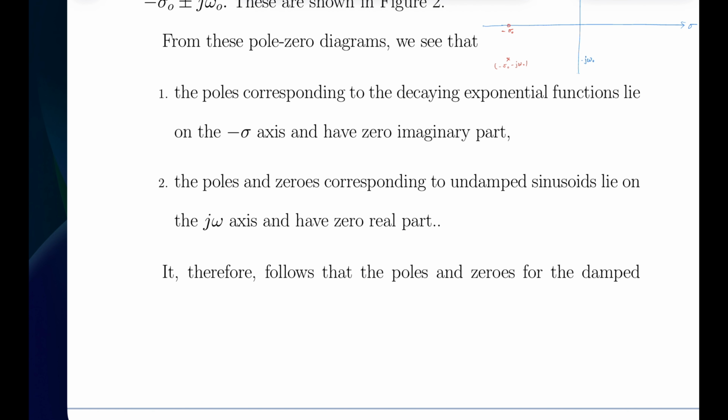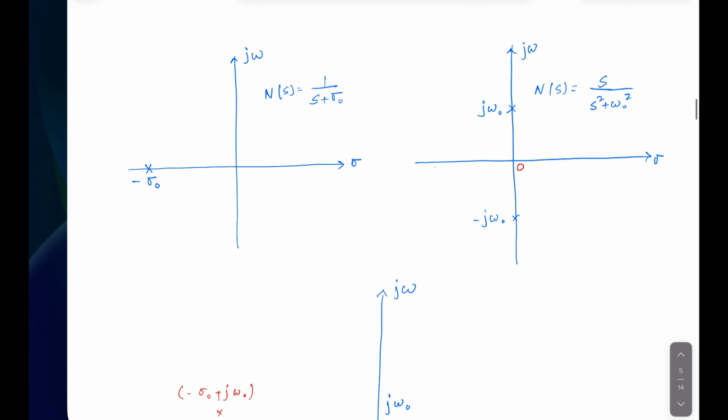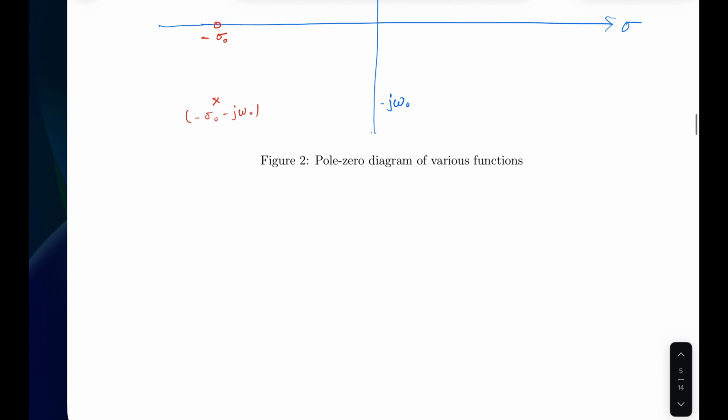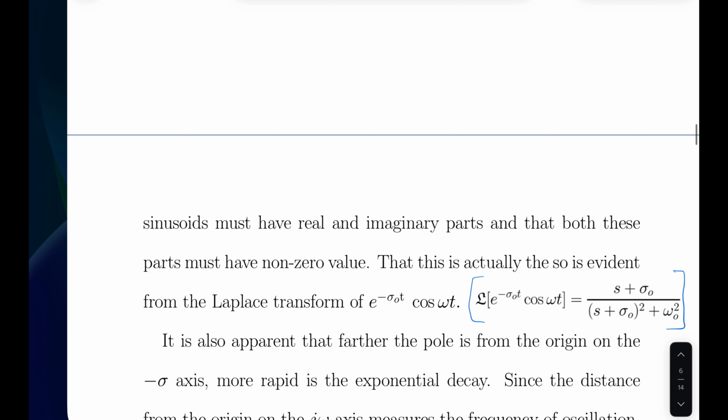It therefore follows that the poles and zeros for the damped sinusoids must have real and imaginary parts and that both these parts must have non-zero value. That this is actually the case is evident from the Laplace transform of exponential minus sigma naught t cos omega t. This we have seen here.